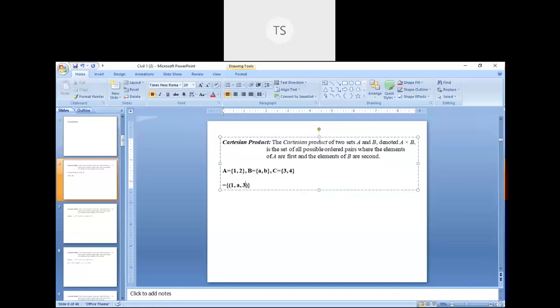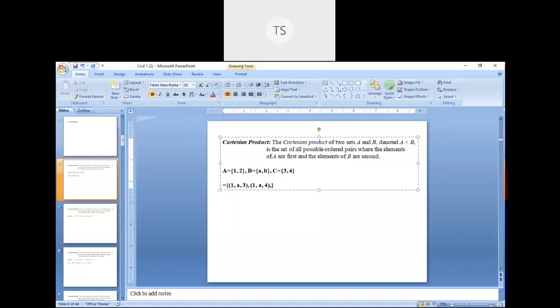So for A cross B cross C, three sets, you will have 3 elements in that tuple. Next, I'll take one element from A, 1. Then from B, I'll choose A. Then from C, I'll choose 4. Now see, the first 2 elements are the same. The third element is different.